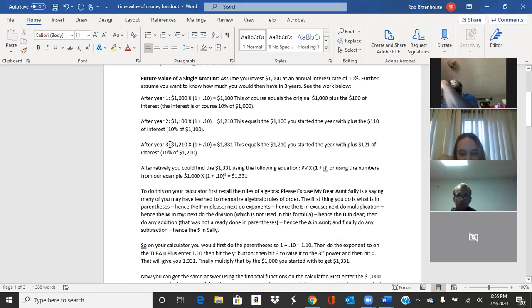And for year 3, take the $1,210 you have at the end of year 2, multiply that by 1 plus the interest rate to get $1,331 by the end of year 3. That equals the $1,210 you started the year with, plus the $121 of interest you earned that year at a 10% rate on $1,210. Make sense?